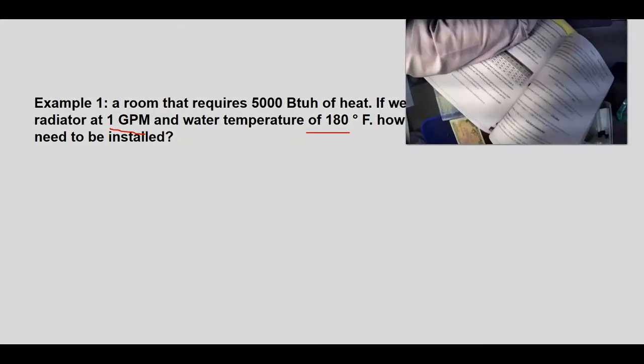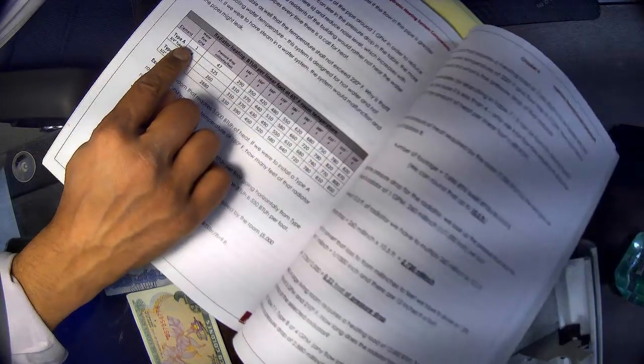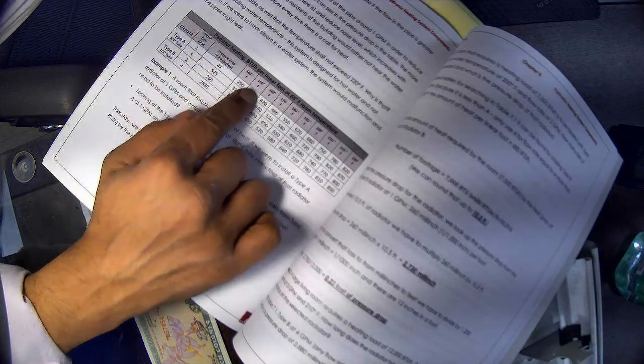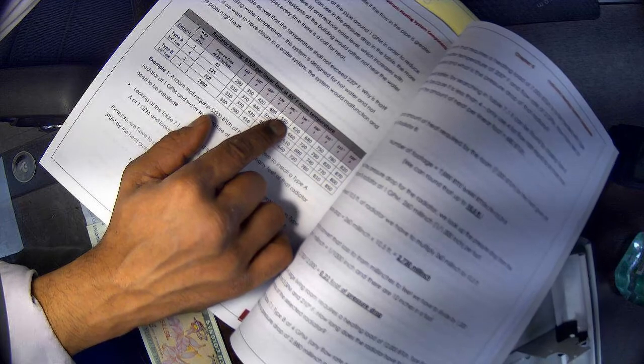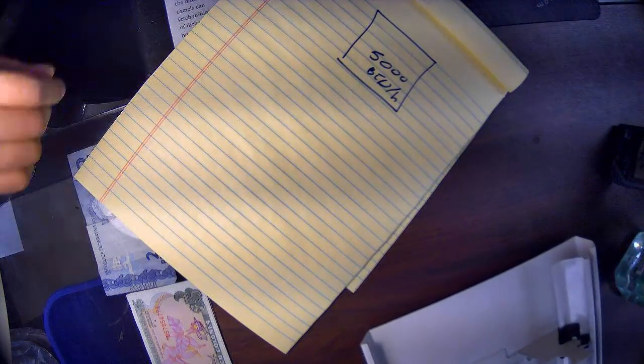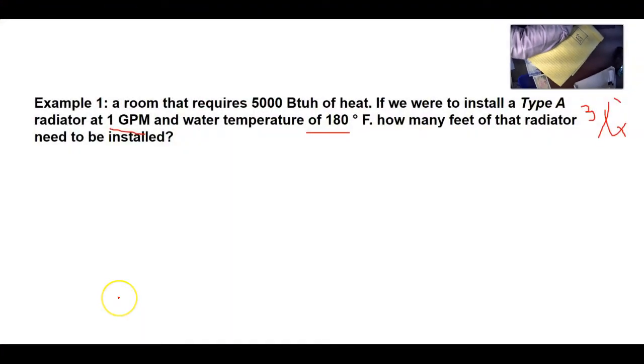Let me make the camera bigger. So it's type A, and it's 1 GPM, and the water temperature is 180. So I'm gonna get 550 here. So hopefully you can see that in your table. So having said that, let's go back now and do the calculation.